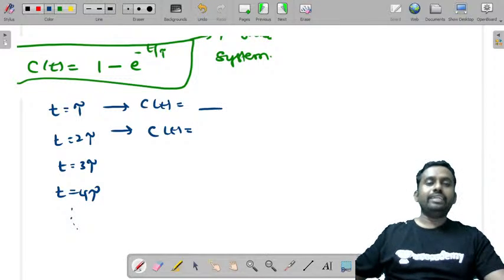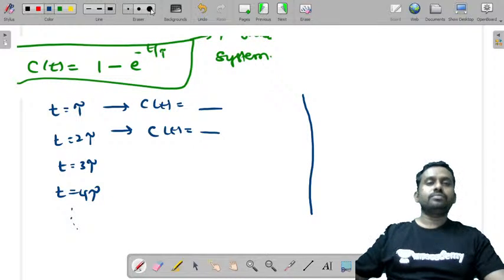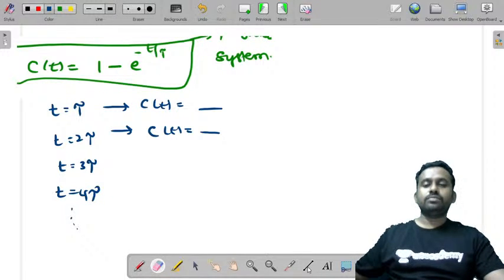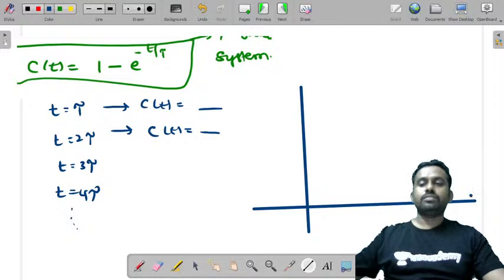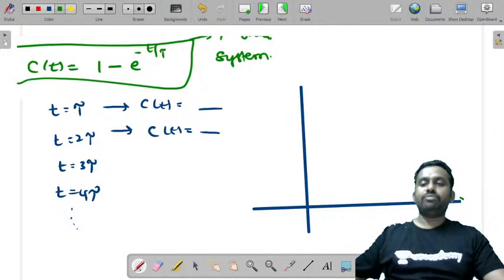And if you take these values and plot the graph, the graph would look something like this.